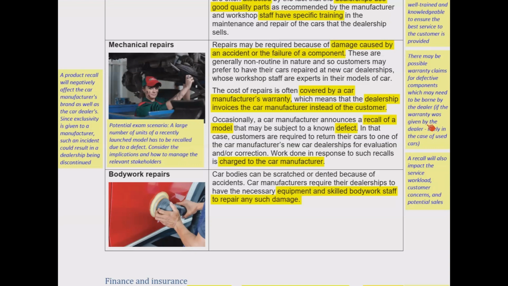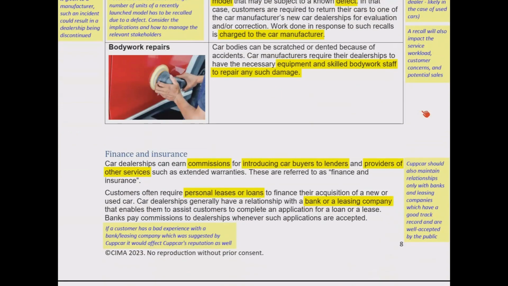I'm flagging the risk that Cuppcar considers selling their own warranties where they incur the costs and they set a sales price for the actual warranty agreement with the customer, but if they've not set an appropriate price for the warranty agreement, they could end up making a loss.